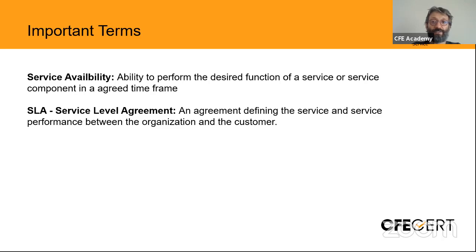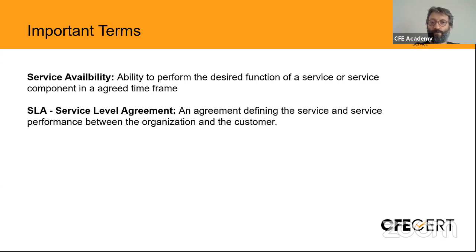As a common understanding, maybe not in the countries which are native in English, but in other countries, most in Turkey, I saw this: the letter A in SLA is somehow confused with availability.